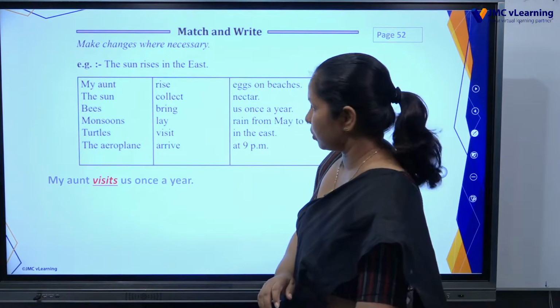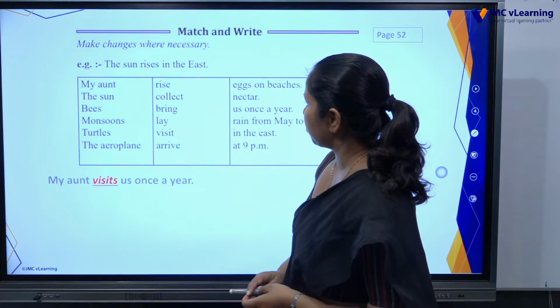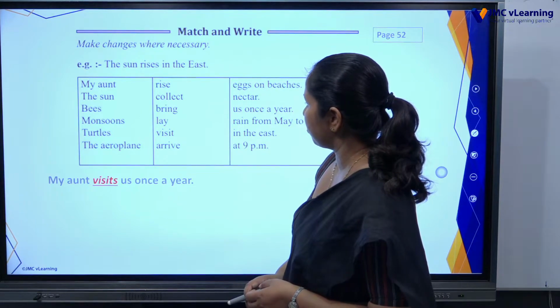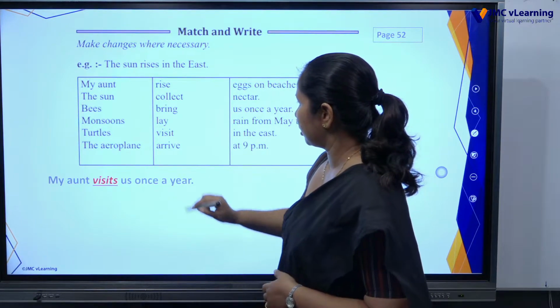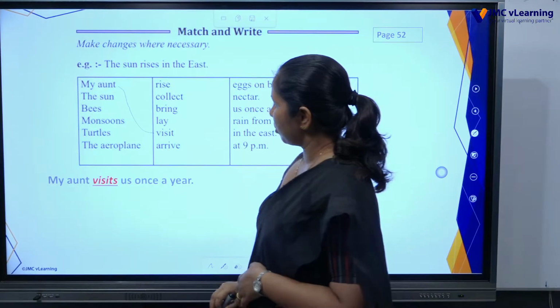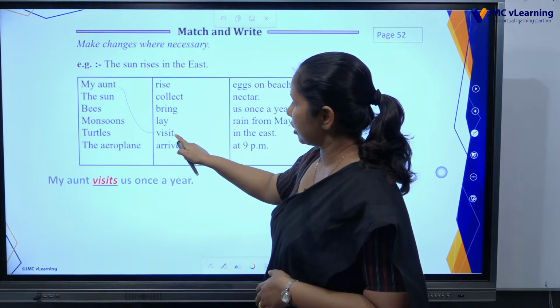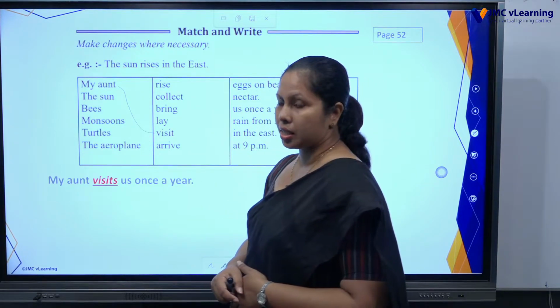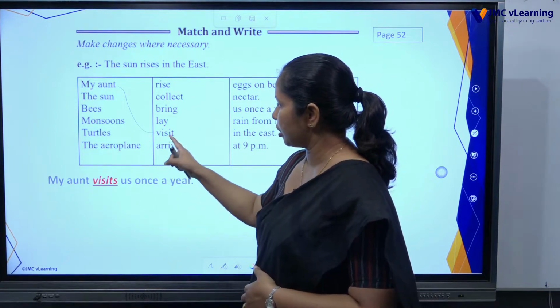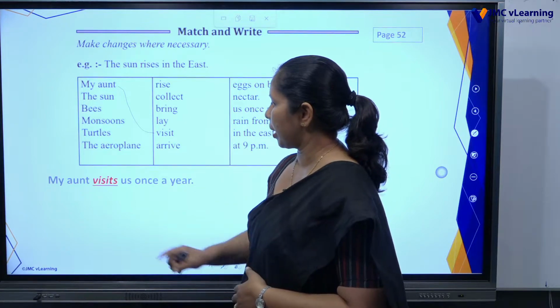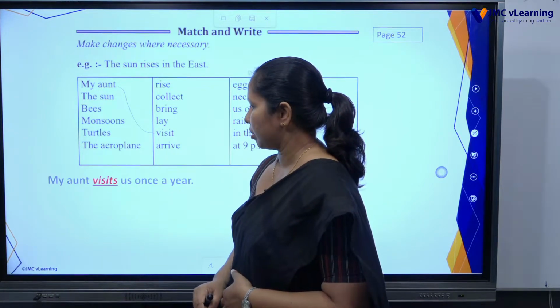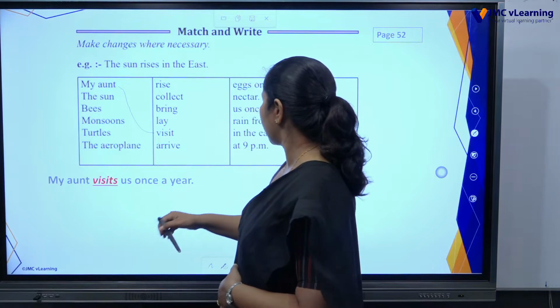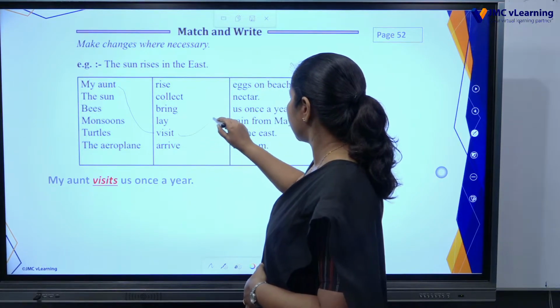My aunt, it says visit, but because my aunt is in the singular form, we need to write this verb as visits. My aunt visits us once a year.